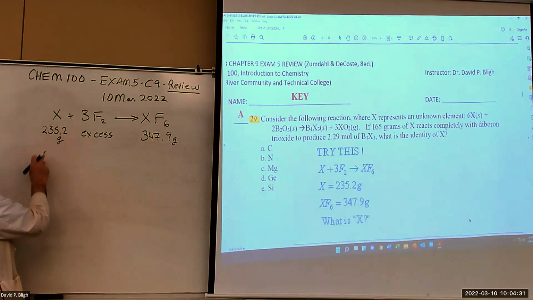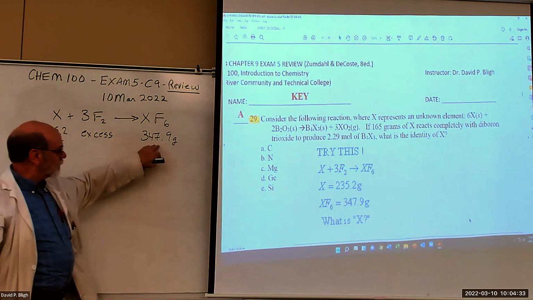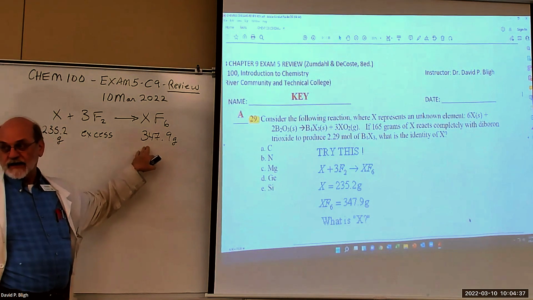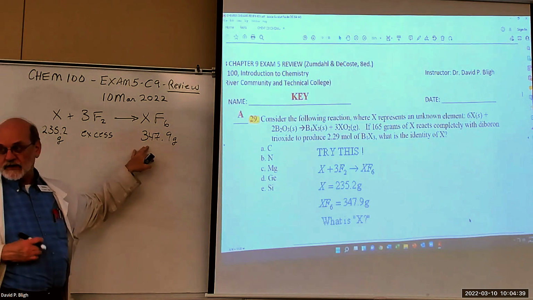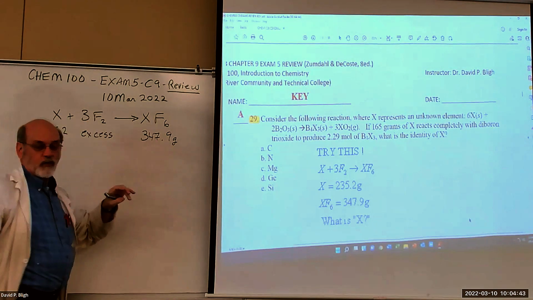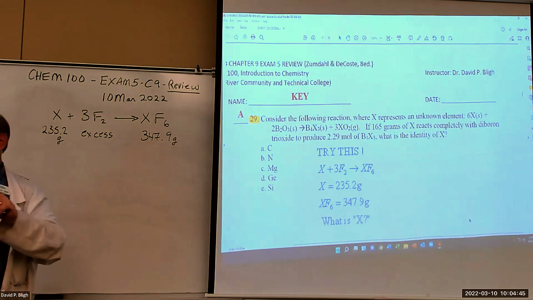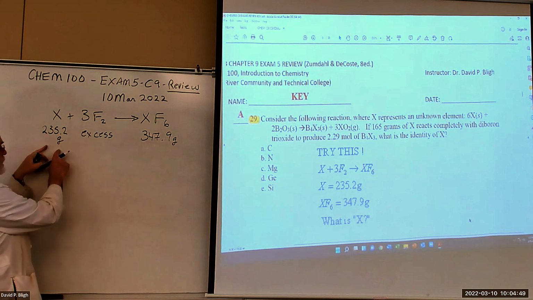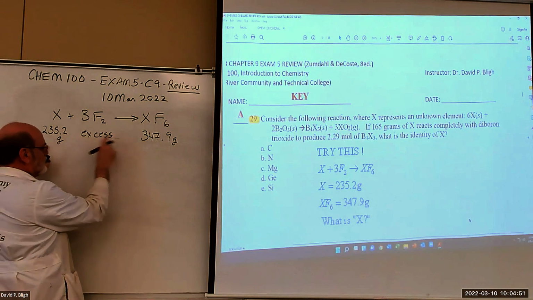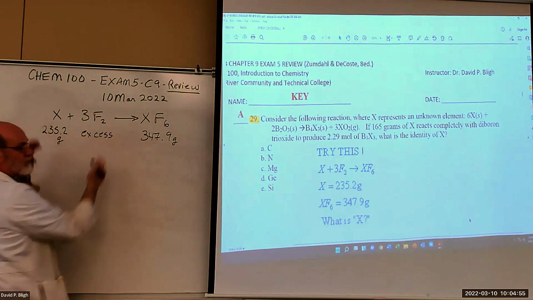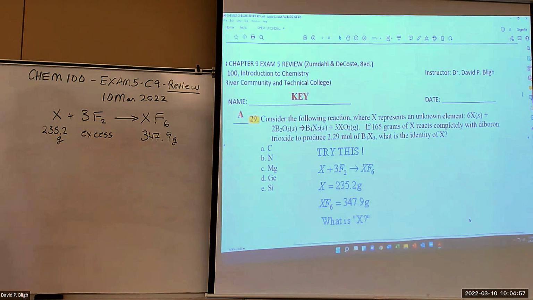We can't convert that directly into moles and use the same trick as the previous problem and go back like that. But what we can do is use conservation of mass in a reaction. If this combines with that to produce that, this mass has to be equal to those two together.